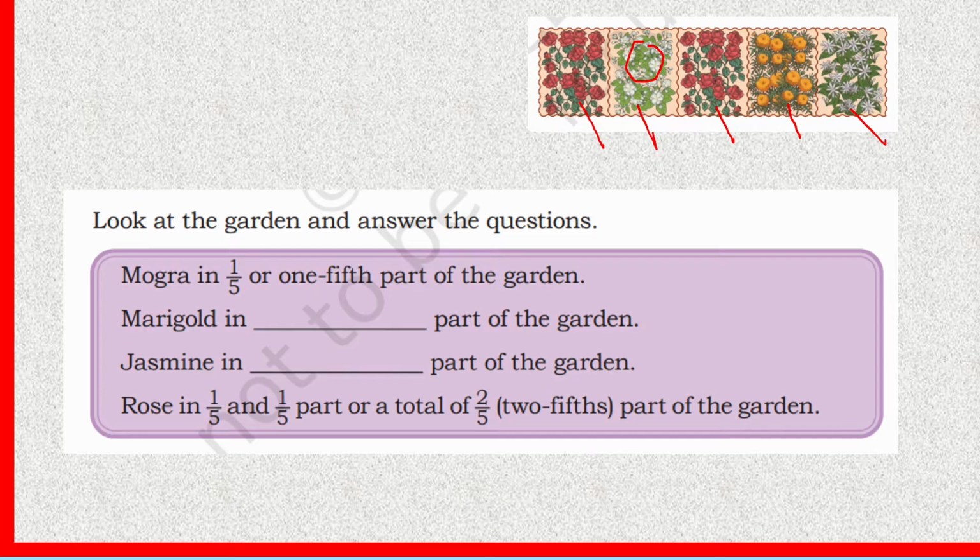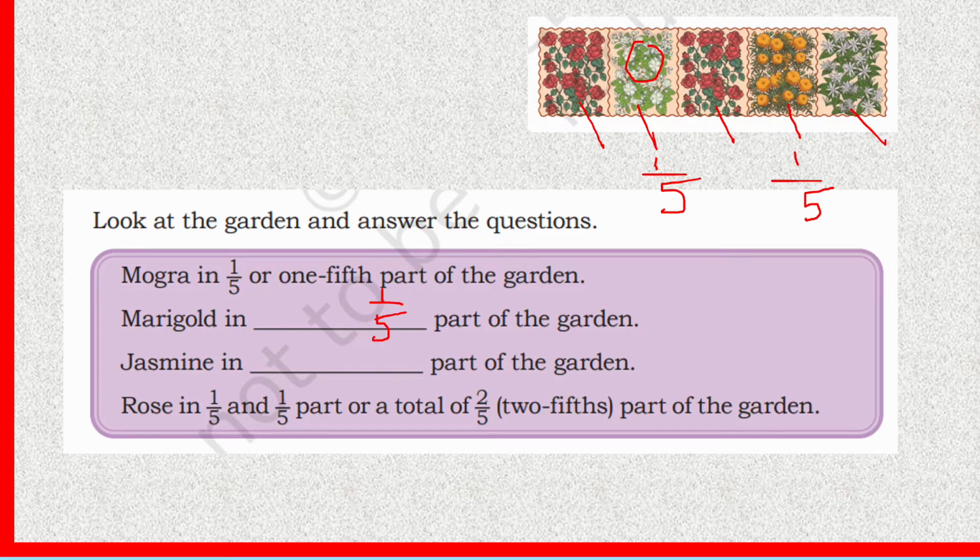Mogra is in 1/5 part of the garden. Then what about marigold? Marigold is also 1/5 part of the garden.